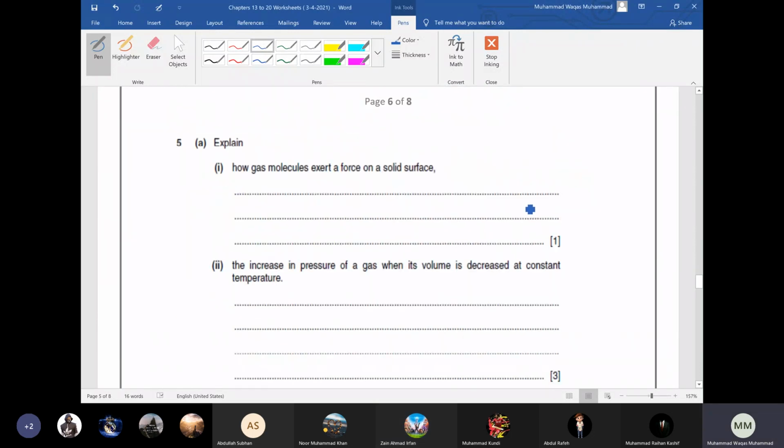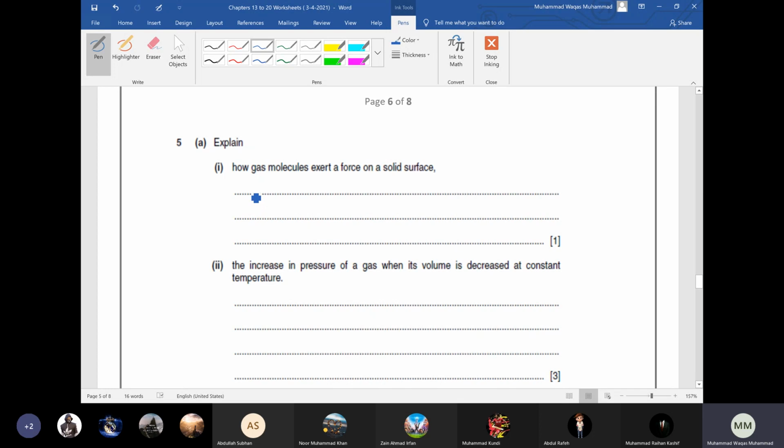Next, beta, explain how gas molecules exert a force on a solid surface. Beta, you remember we discussed how gases exert pressure? Yes, ji beta. How do they exert?